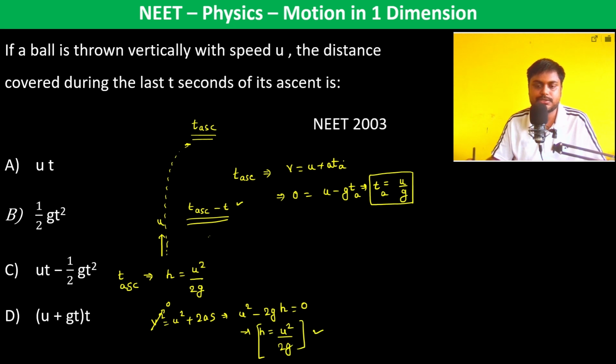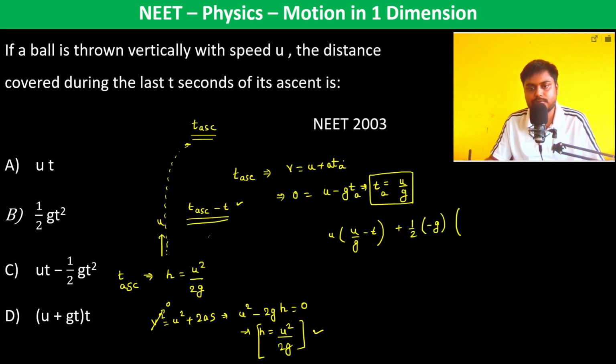Now at time t ascent minus t, it's going to be u times (u by g minus t) plus half into (minus g) into t square, which is again (u by g minus t) whole square.